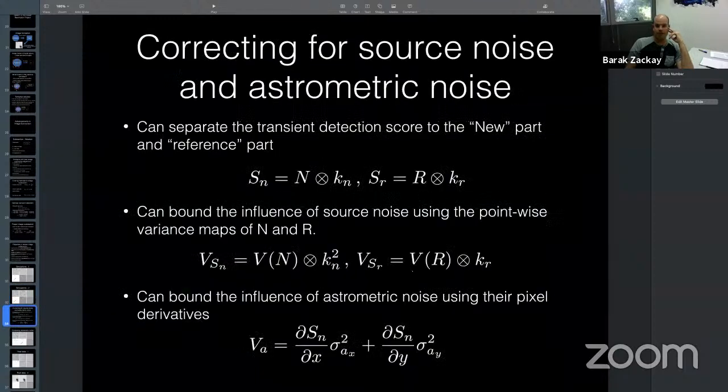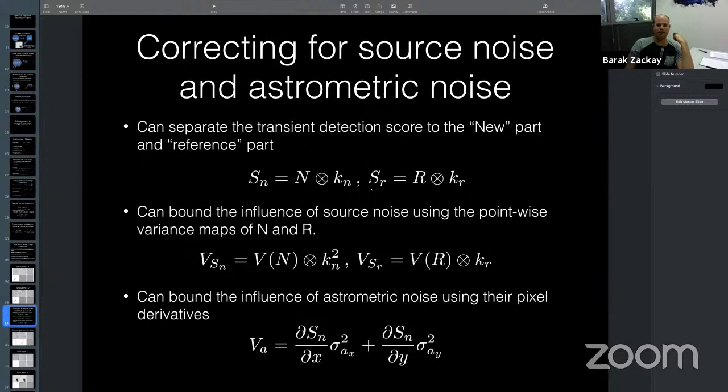Now, if you apply it to real images, you then notice that proper image subtraction does not perform so well near bright objects, and also that sometimes you see this yin and yang, up and down subtraction residuals. And this is very easy to understand.